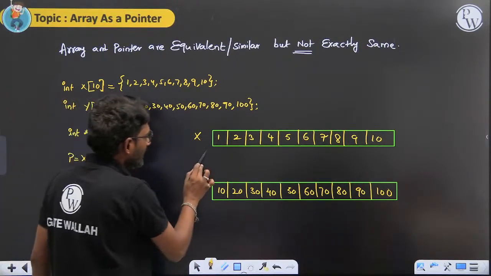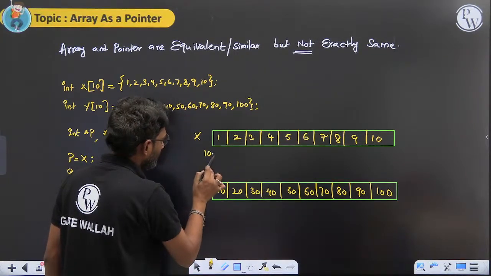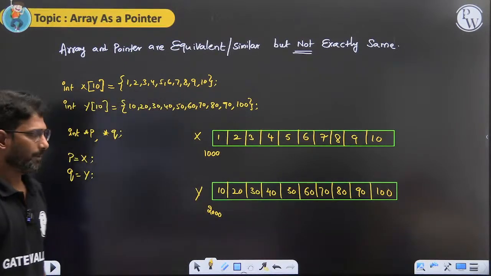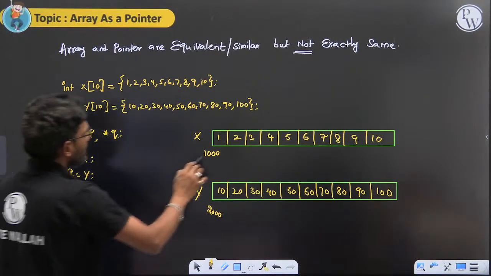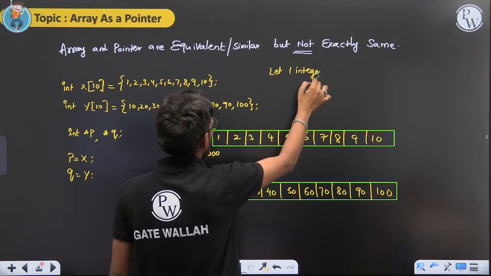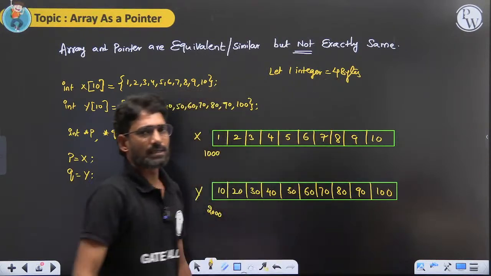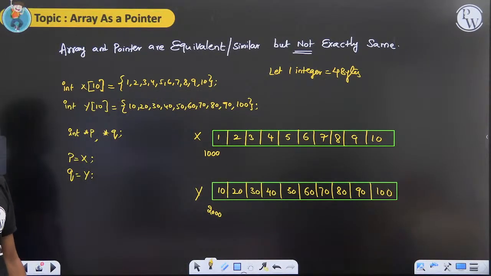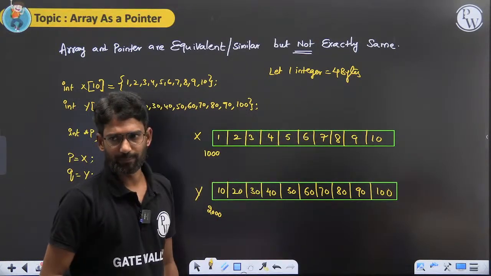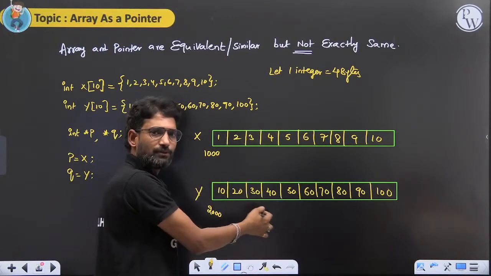Let us suppose X's base address is 1000 and Y's base address is 2000. Let one integer's size be 4 bytes. As we are taking C language, integer size is compiler dependent, hence I am assuming it as 4 bytes. So we know how the addresses would be: 1004, 1008, and so on, 2000, 2004, and so on.